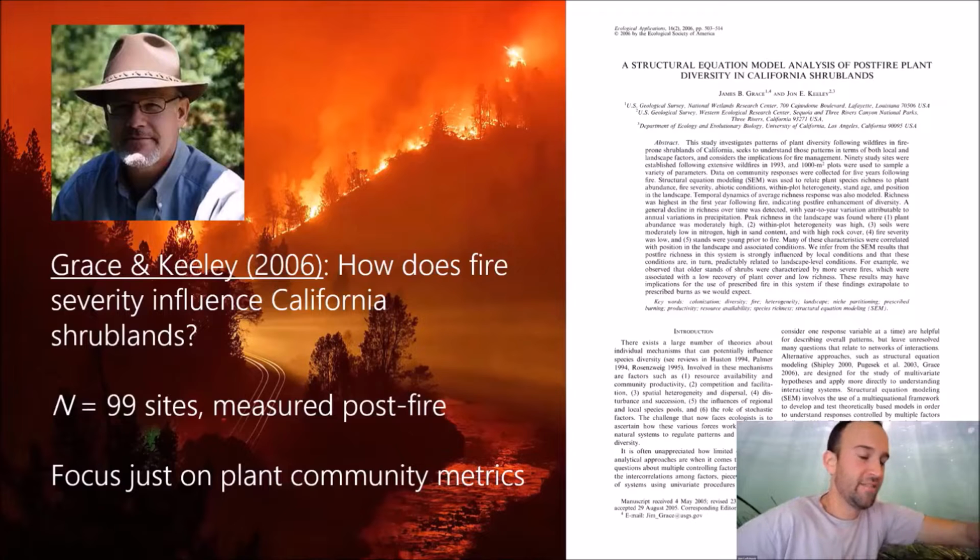I'm going to put aside the fire severity component here for the time being and just focus on the plant community metrics, although the paper, which actually does implement SEM, has a much more complicated analysis than I will present here. Obviously, for this introductory lecture, we're going to want to try to keep it simple, but it's a good demonstration of how complicated these models can get and still be fit and still provide interesting insight.